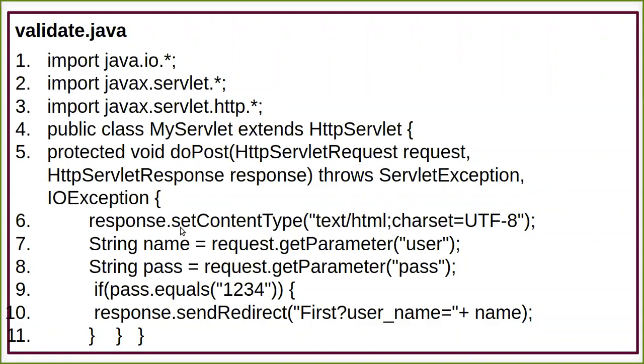So I am saying set the content type of the data which the user is going to get using this method. And in the parameters, I am saying the user should get the data in the form of HTML, that is textual data, and the encoding type it should use is UTF-8. Fine.